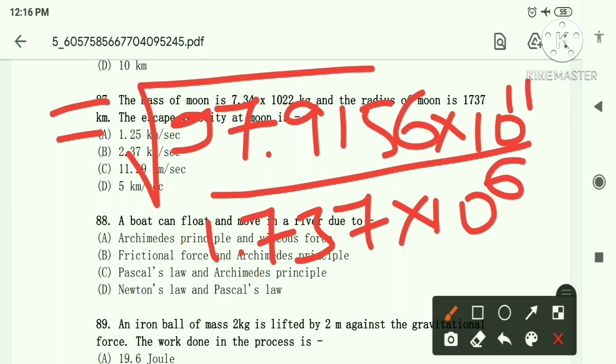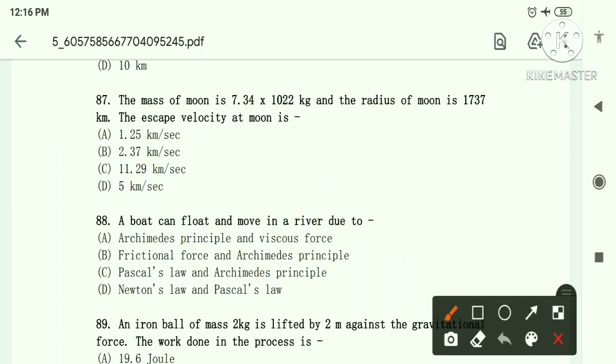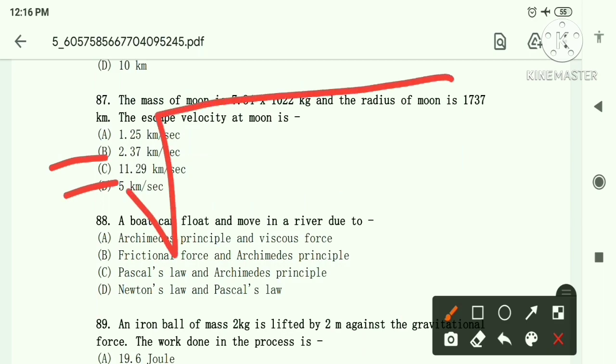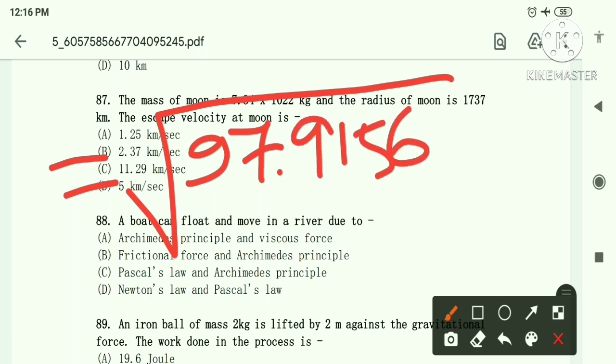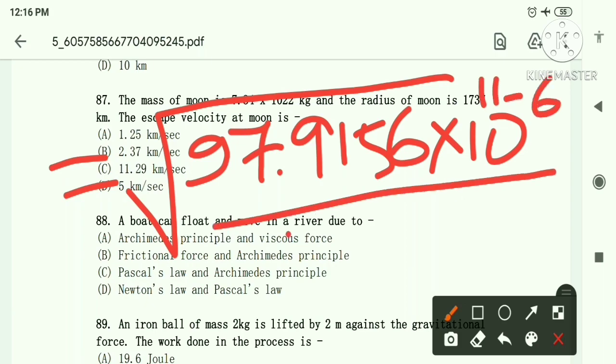Again simplification of this one, we got root of 97.9156 into 10 raised to 11 minus 6 divided by 1.737.